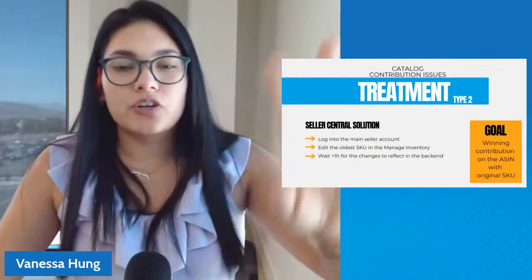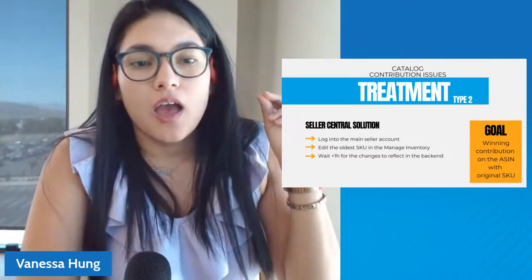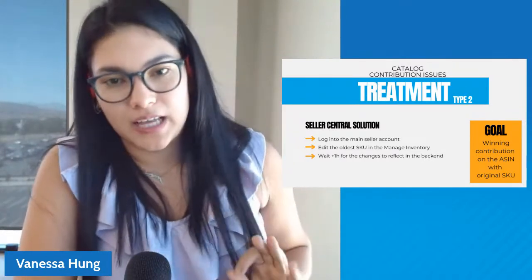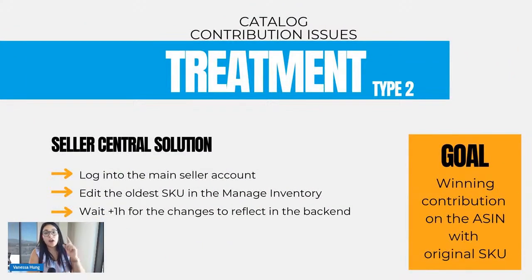So let's see. Treatment. So treatment for type 2, the Seller Central solution. Log in to the main Seller Central account. And why do I say this? First of all, the main seller account technically should be the email address and the account directly attached to the brand registry.